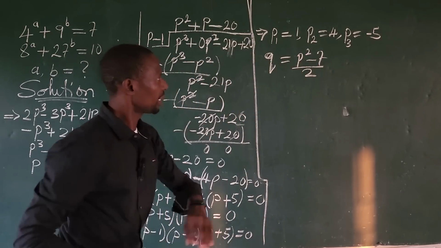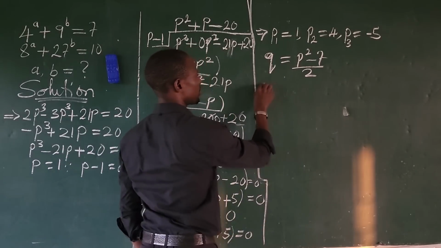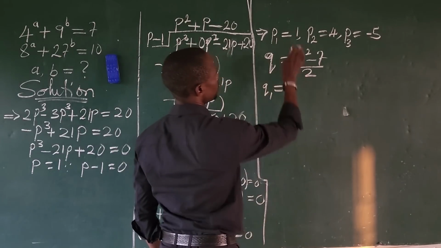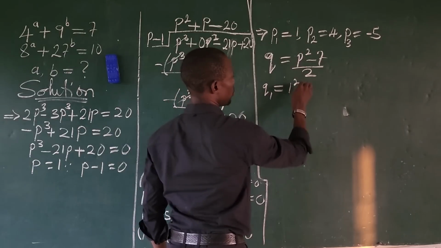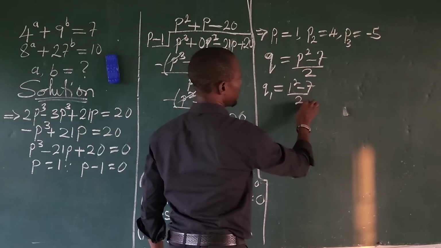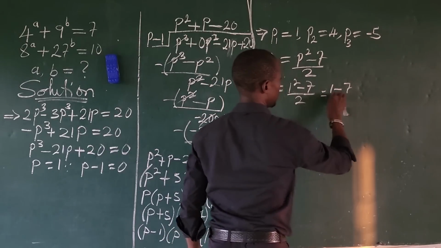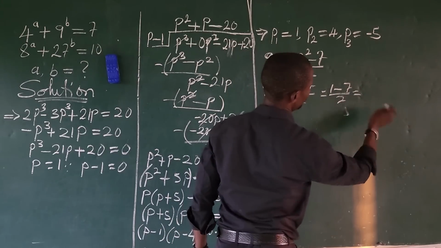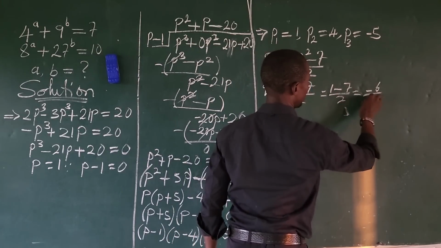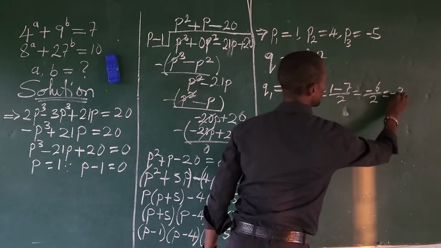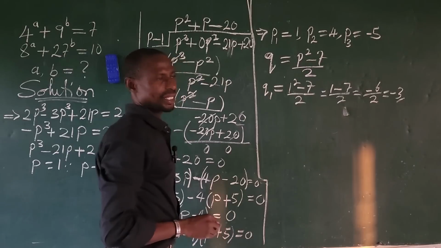Remember this? Okay, so let's get our Q1. We have Q1 is equal to 1 squared minus 7 all over 2, which is equal to 1 minus 7 all over 2, which is equal to minus 6 all over 2, which is equal to minus 3. You get that?